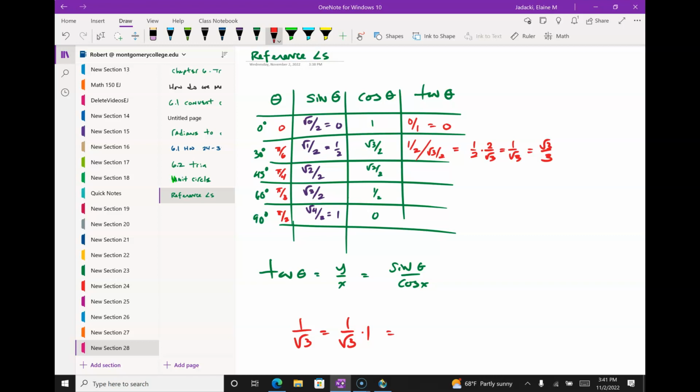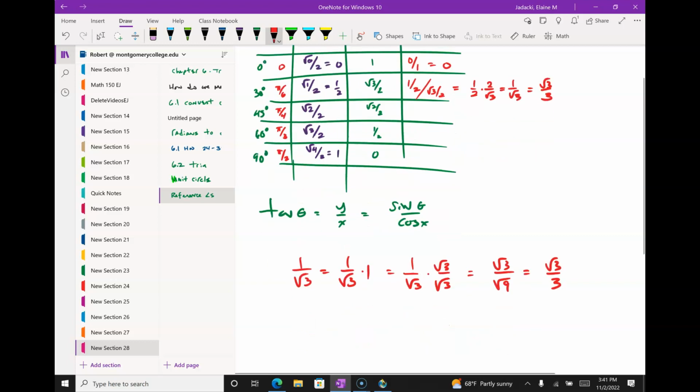And when I rationalize, I'm going to take my irrational number in the denominator and multiply by that number over itself. So notice that rad 3 over 3 is 1. Upstairs I get rad 3, downstairs I get the square root of 9, so I get rad 3 over 3. So what I'm saying is tangent of pi over 6 is rad 3 over 3.